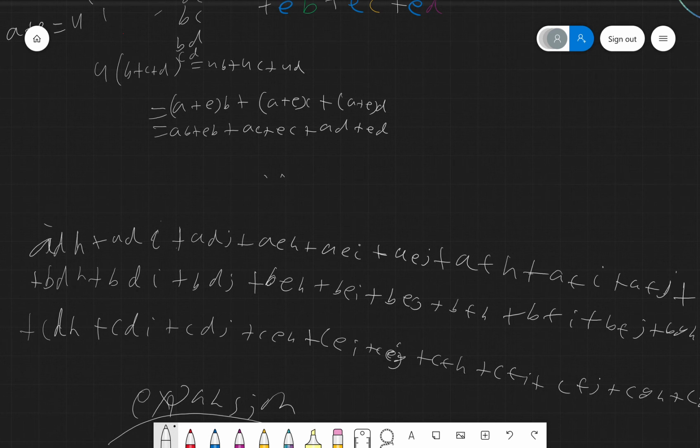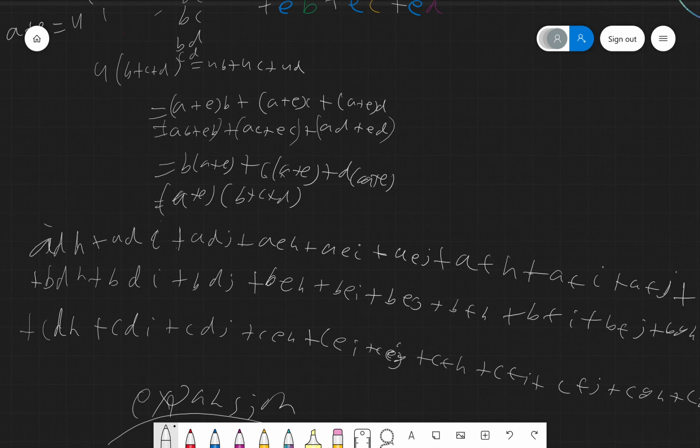But what we can do is notice that the first one is B times A plus E. The second one is C times A plus E. And the third one is D times A plus E. Now they all have an A plus E. So we have A plus E times B plus C plus D. Simple. Hopefully. Now, all we have to do is take chunks at a time. So you take this chunk, this chunk, this chunk. Then you factor them all separately, and then you take the whole thing.